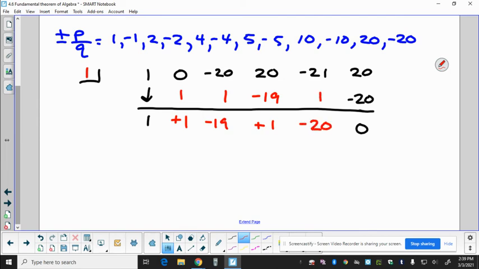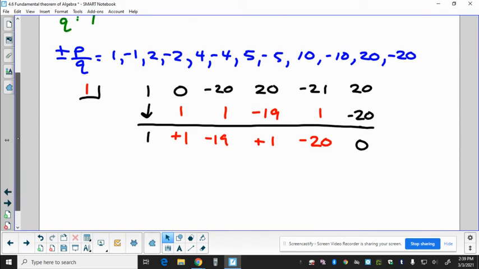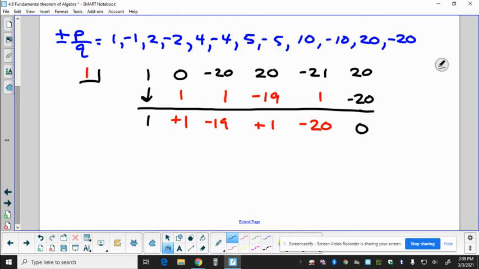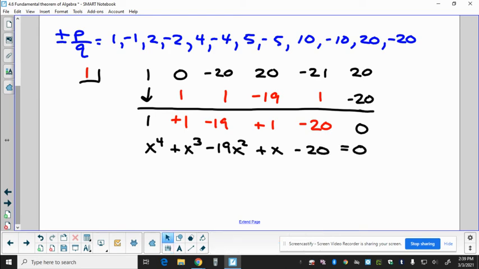It works. Let's write the depressed polynomial. Original is the 5th power. Let's take it down to the 4th. Okay. You're going to have a hard time doing that one unless you do some more synthetic division.